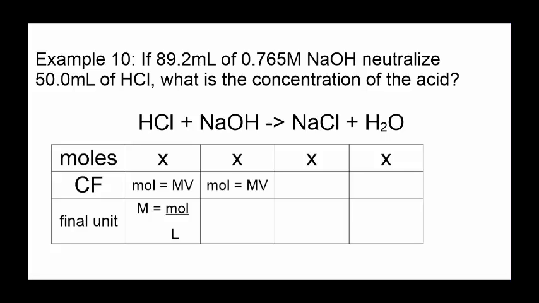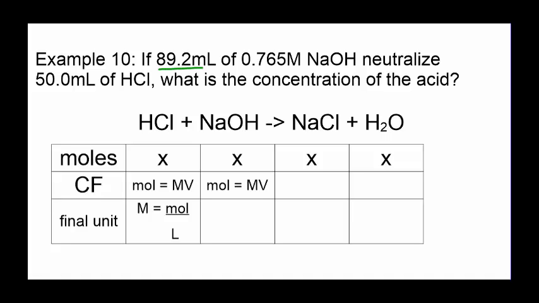So I'm also going to show you how to do stoichiometry when you're not at a 1-to-1 mole ratio, when you're not using M1V1 equals M2V2. And this might be a high proficiency question for you. So I've got the same example here that we used before, and I just want to go through these steps with you real quick.